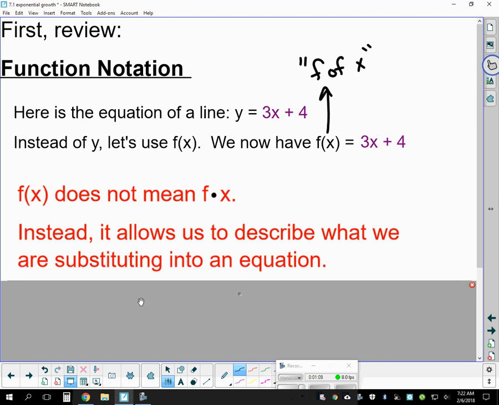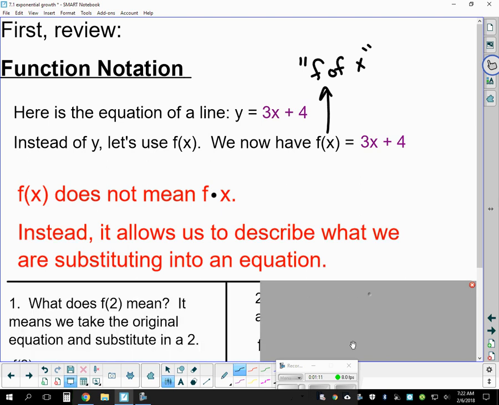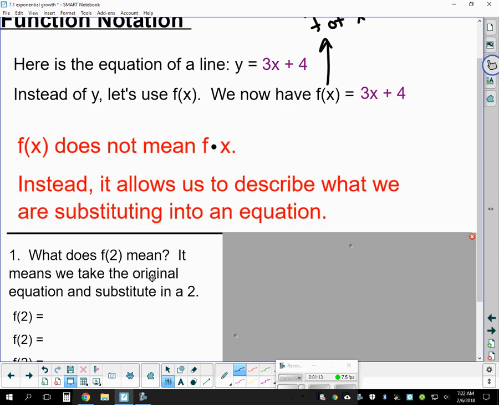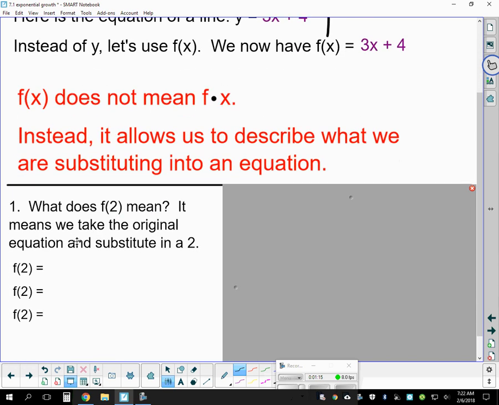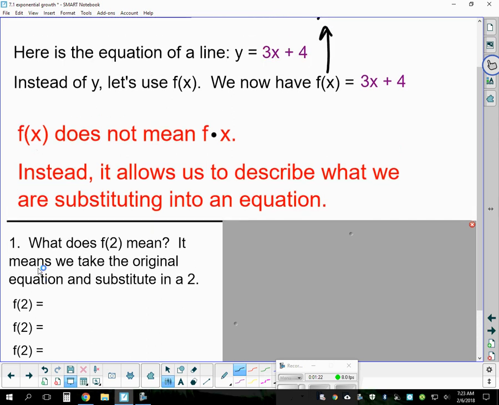So if we have a problem like this, what does f of 2 mean? It means we're going to take the original equation and substitute in a 2. And f of 2 is just good notation because now instead of having y equals, we have f of 2 equals, so we know exactly what we substituted in. So the other side of my equation is 3x plus 4, but anywhere I see an x, I'm substituting in a 2.